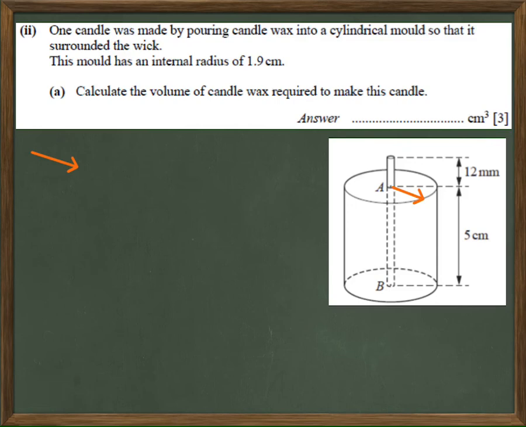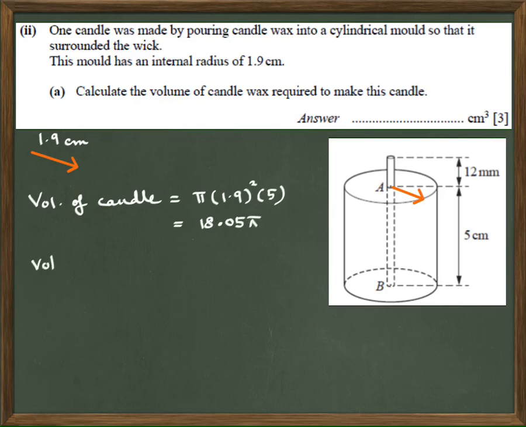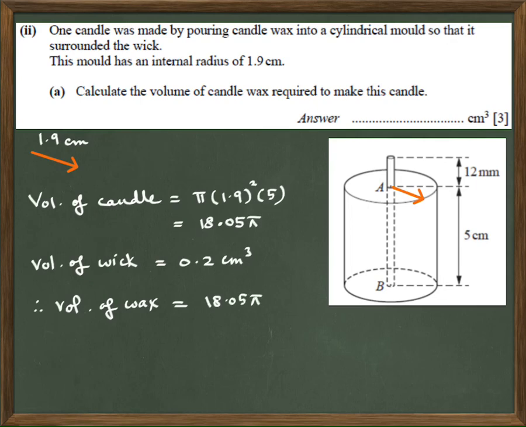Calculate the volume of the candle required. Now this is 1.9 centimeter. Volume of candle is pi r square into h. That's the full volume. That is written in terms of pi. I'll plug in pi later on. Volume of wick is this much. Therefore, volume of wax. That candle is made up of wax and wick. So the whole cylinder is 18.05 pi.